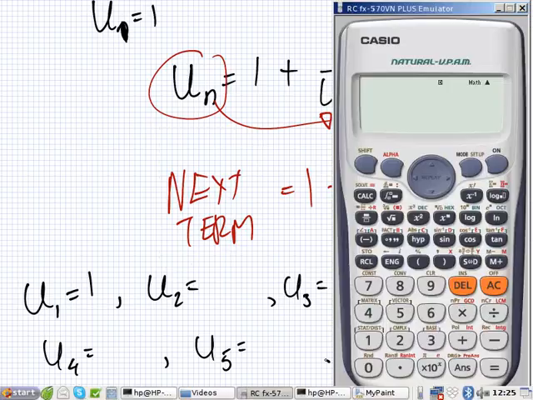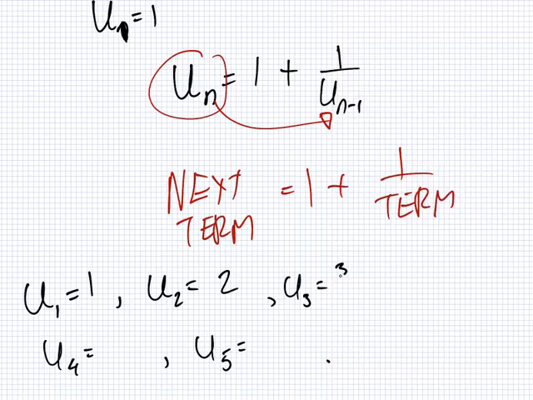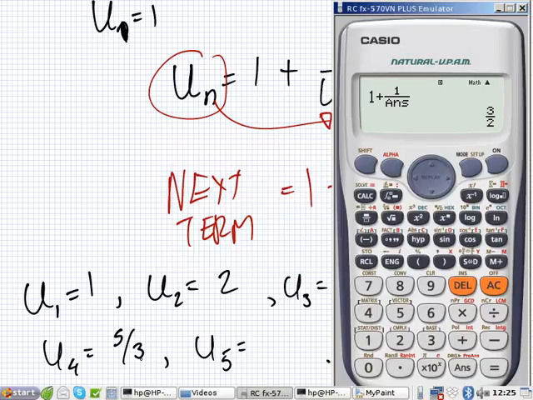Well, let's use our calculator. So we store 1, and then we have 1 plus 1 over answer. So the next term is 2, and then 3 over 2. Then 5 over 3. And then 8 over 5.